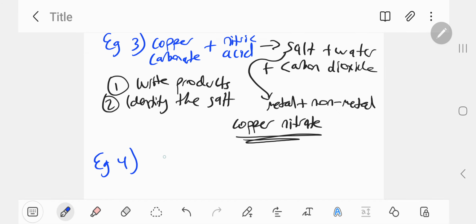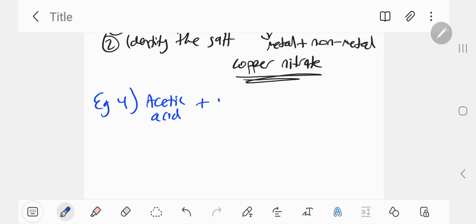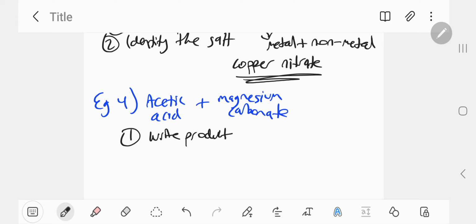Last, final example. Suppose we have acetic acid and magnesium carbonate. Step 1, write products: salt plus water plus carbon dioxide.